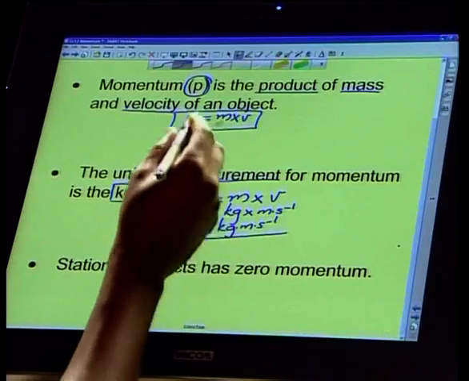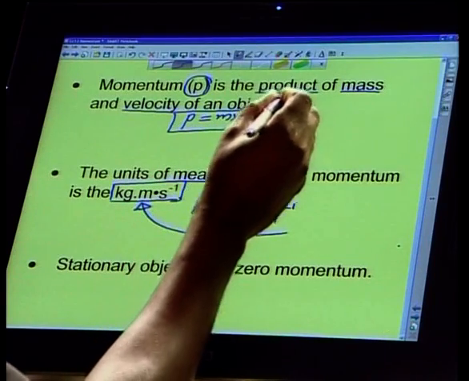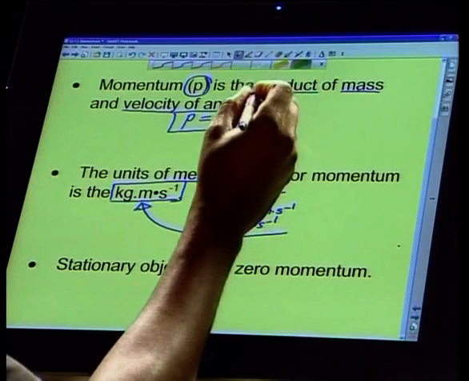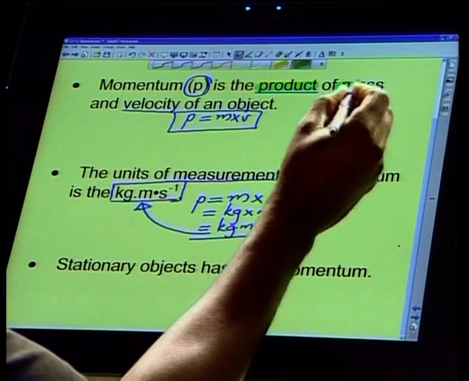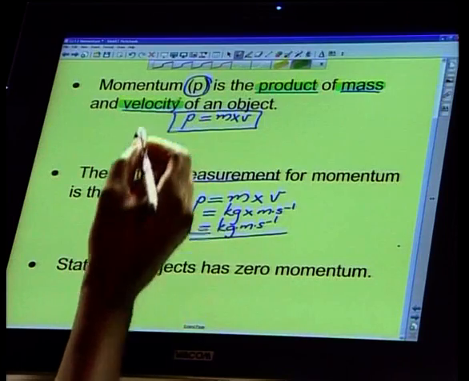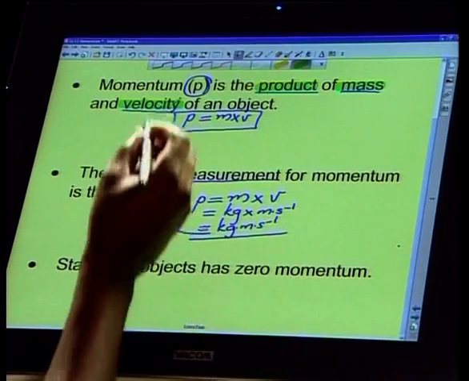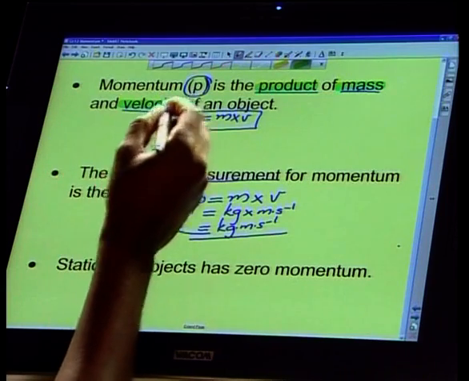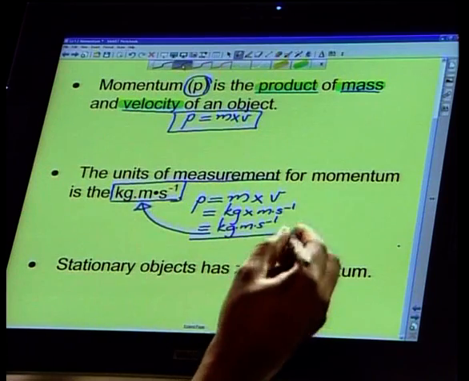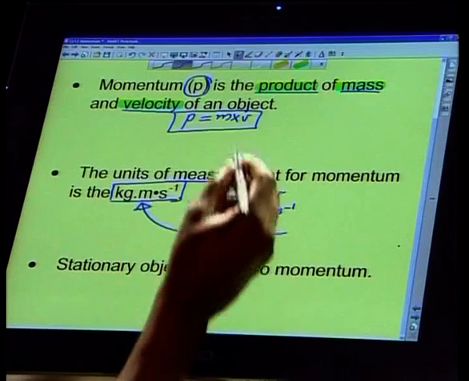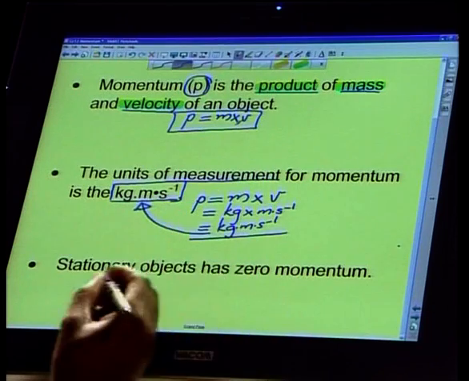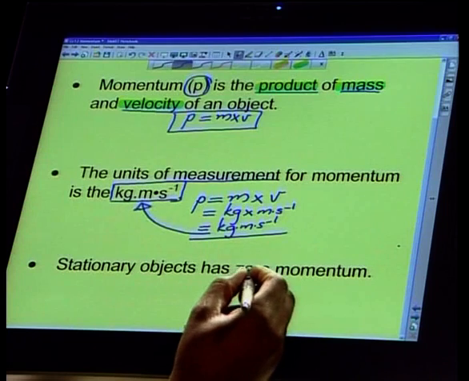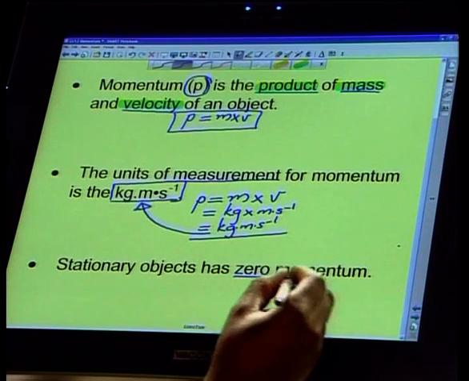Right. Now, we are saying that momentum is the product of mass and velocity. What happens if an object is not moving? Because a moving object will have velocity. If an object is not moving, it means you have zero velocity. If you have zero velocity, you would have zero momentum.